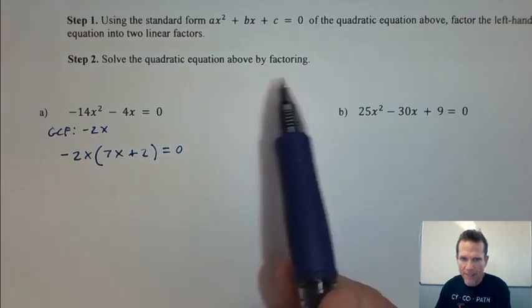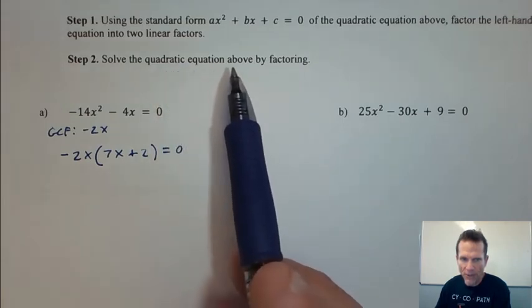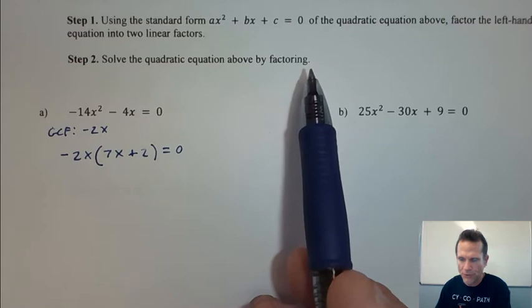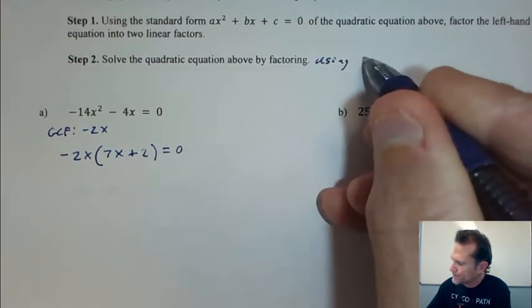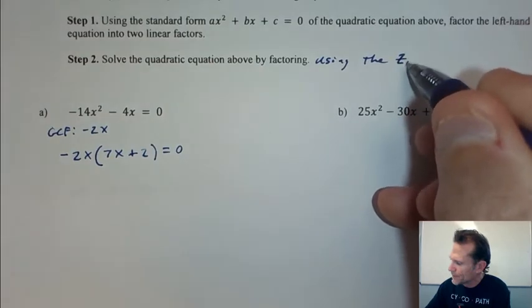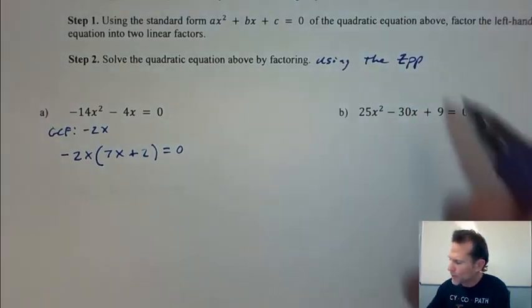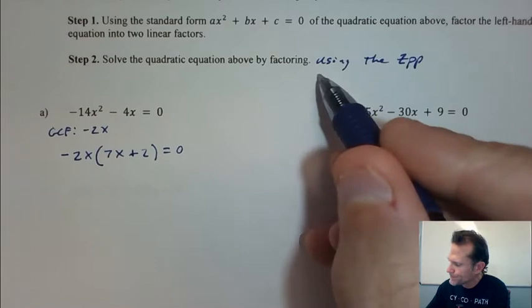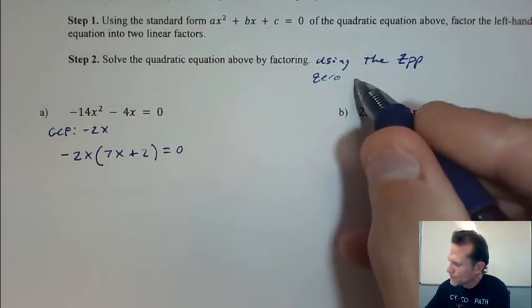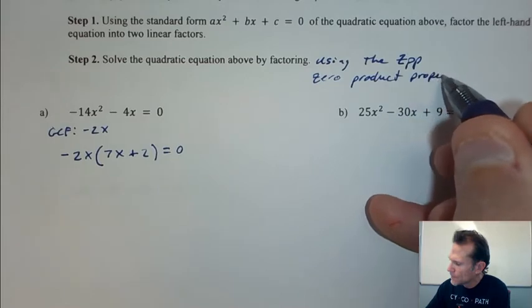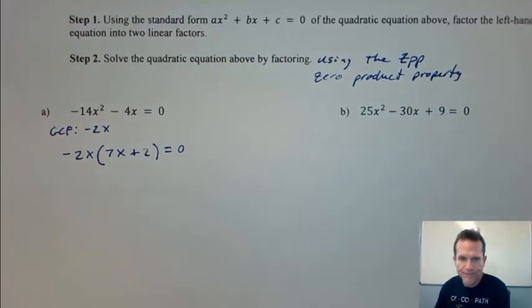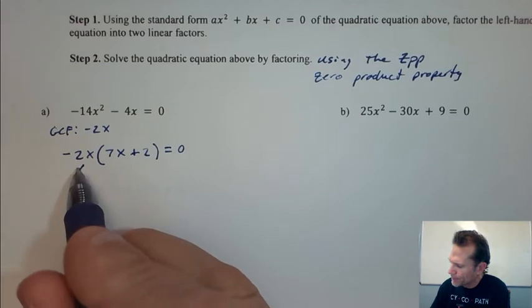I would maybe like it to say solve the quadratic equation by factoring and using the ZPP, zero product property. Okay. So we have it factored, and I'm going to break it apart here.